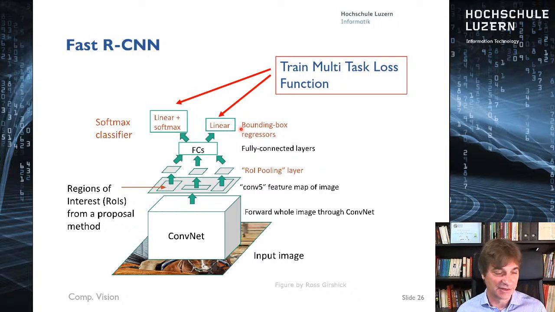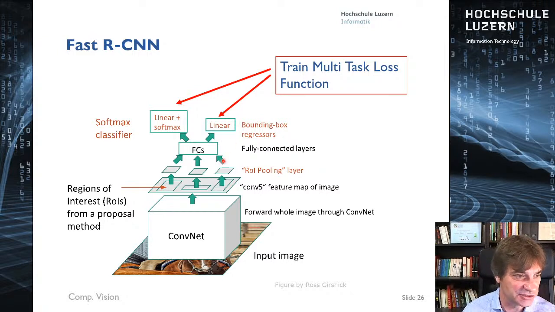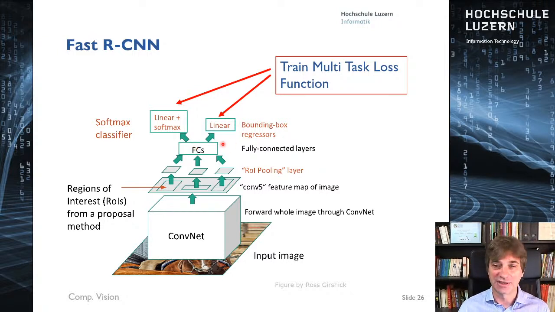I'm not sure if you have seen that before, or if it's the first time, but it's an often employed approach now, that you have some base neural network, and then you have some different heads with loss functions, and you try to minimize all of the loss functions. So you can just take the sum of the loss function here and the loss function here, and then train the network on both those loss functions simultaneously.